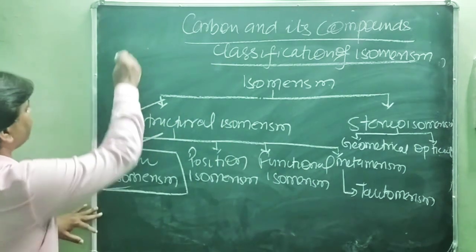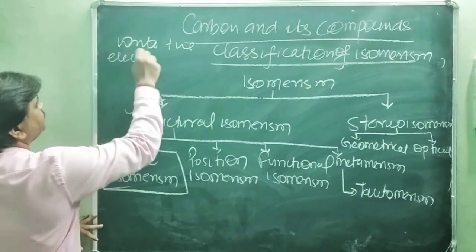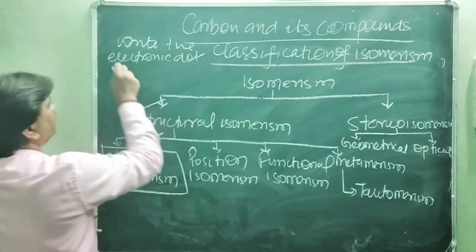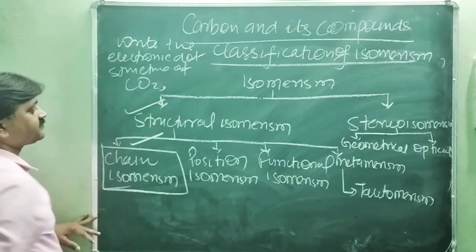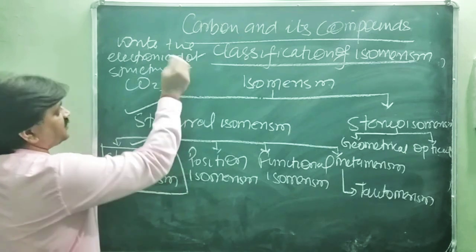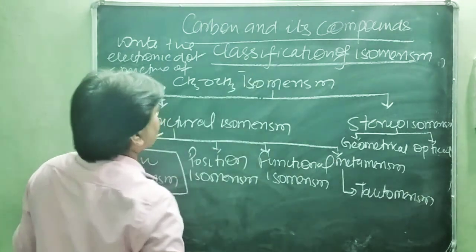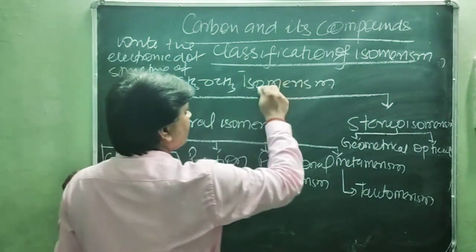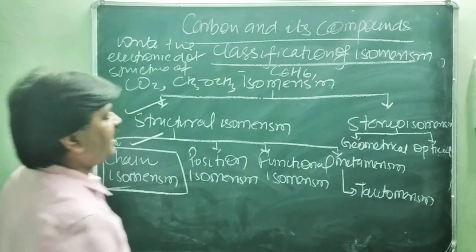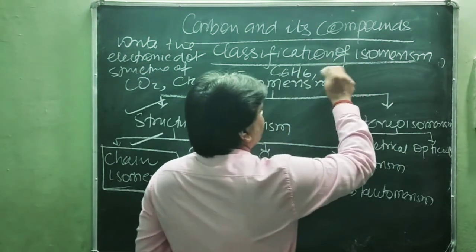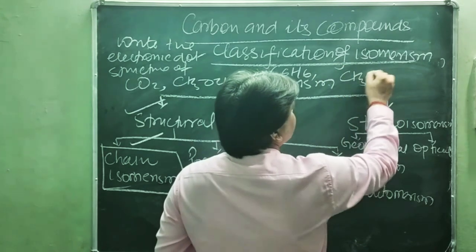The question is: write the electronic dot structure of carbon dioxide, and this is the ether, CH3OCH3, and C6H6 benzene, and acetylene.